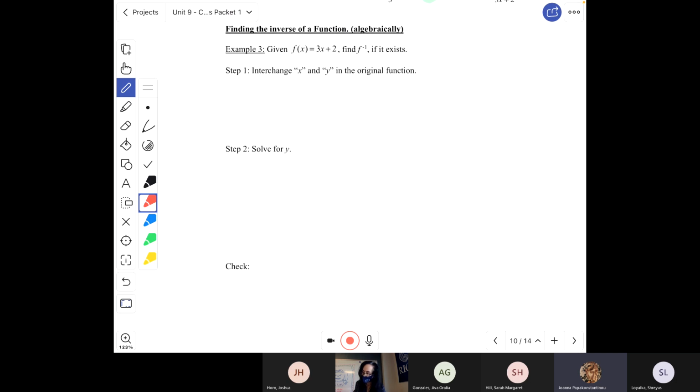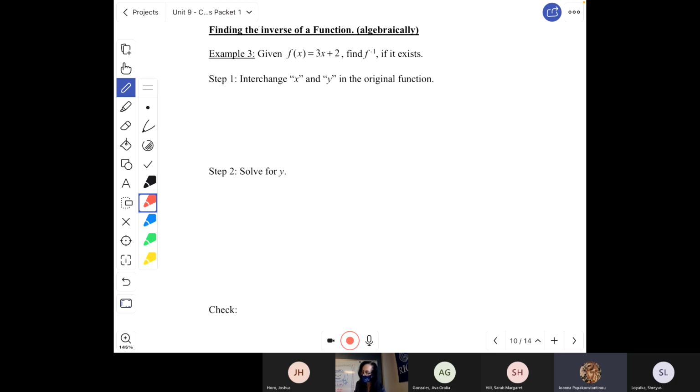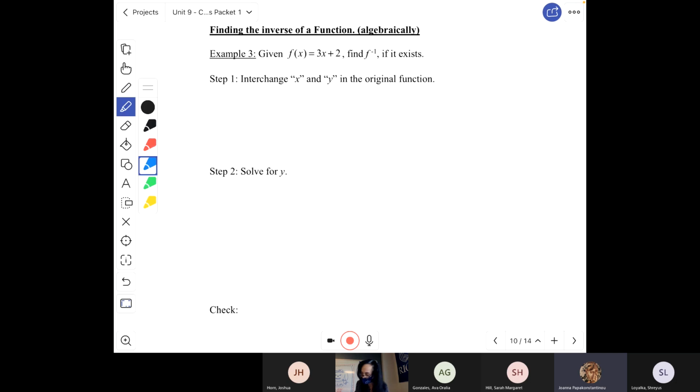So let's talk about the quick and easy way, given an equation, given a rule, how to write its inverse. Let's say you are given this same exact function, f of x equals 3x plus 2. I can rewrite that as y equals 3x plus 2. Now, I know the relationship between a function and its inverse is that the domain and the range are changing.